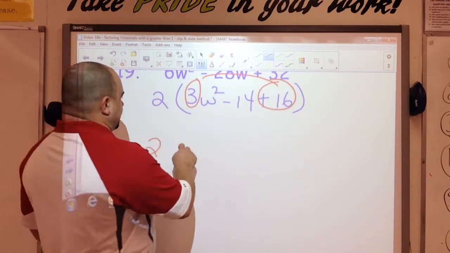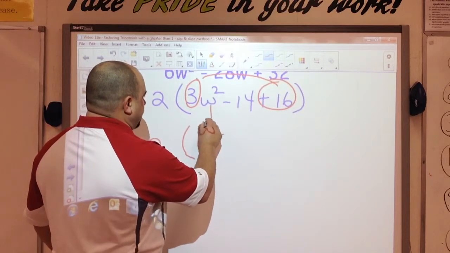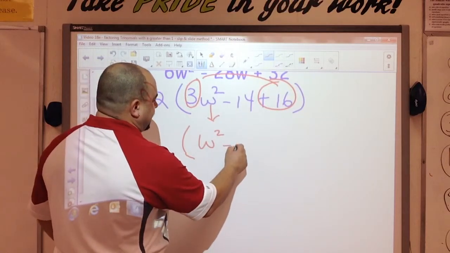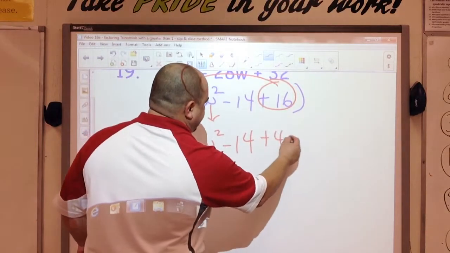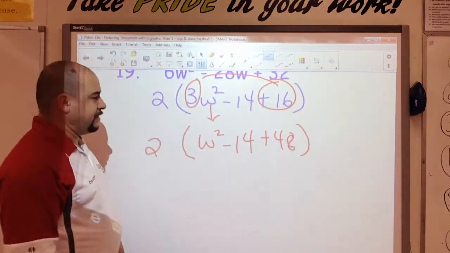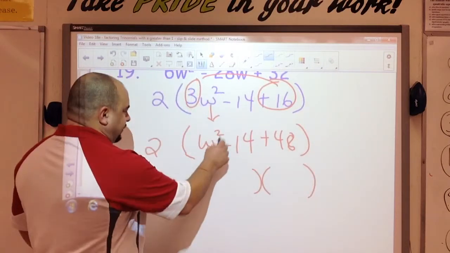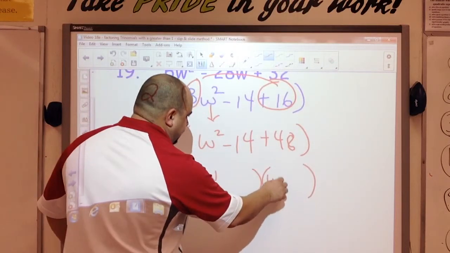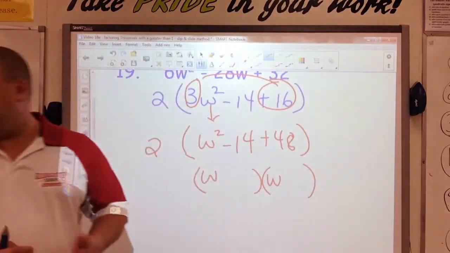So you have w squared, remember I bring this down, minus 14w plus 48. Sorry, my 8 looks funny. Then I'm going to separate these. I have w here. What factors of 48 add up to negative 14?